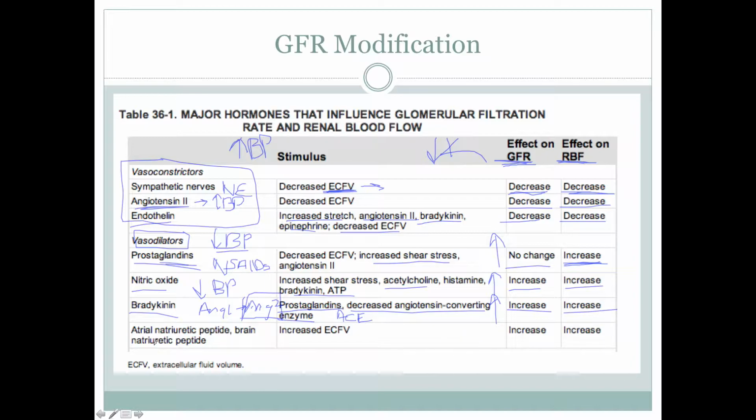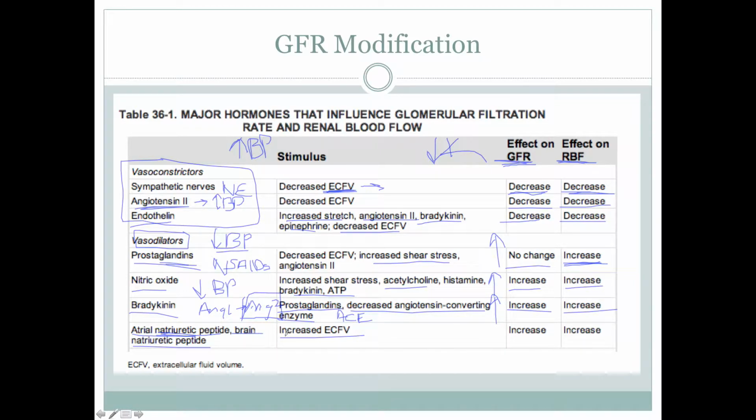Then there's two fun little hormones, atrial natriuretic peptide, which is released by cells in the heart in response to levels of sodium. We also have brain-derived natriuretic peptide, also released when there's high levels of sodium. And those things are released when the extracellular fluid volume goes up.